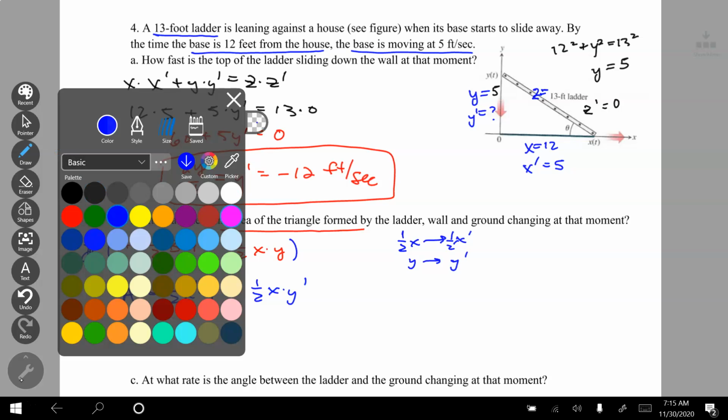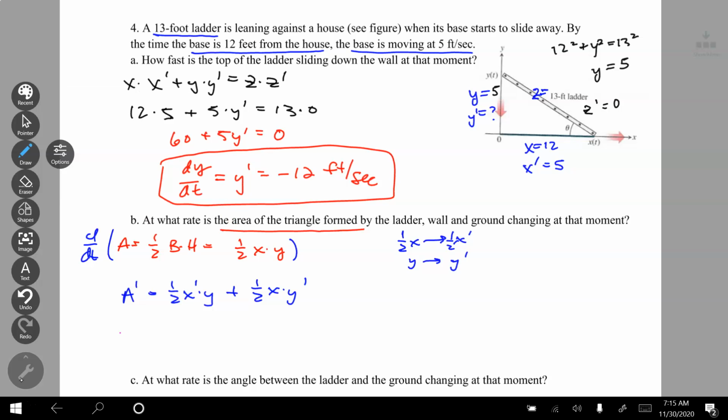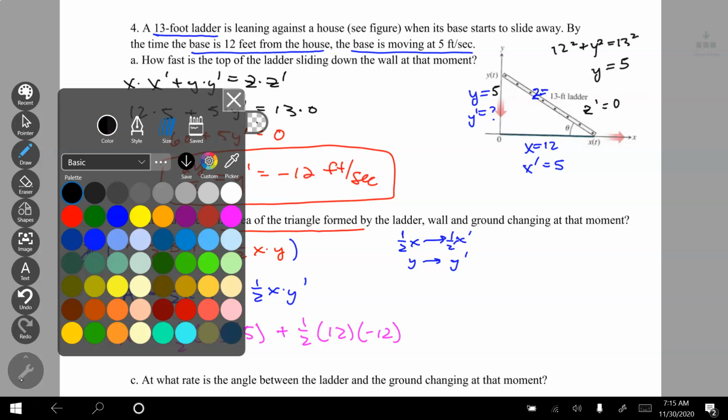I put in what I know. So A prime is equal to 1/2 x prime, which is equal to 5, y is equal to 5, plus 1/2 x, which is equal to 12, y prime is equal to negative 12, and I'll do some simple calculations.